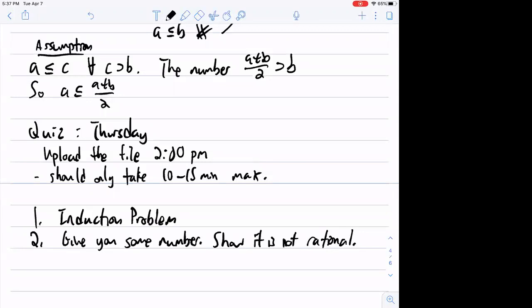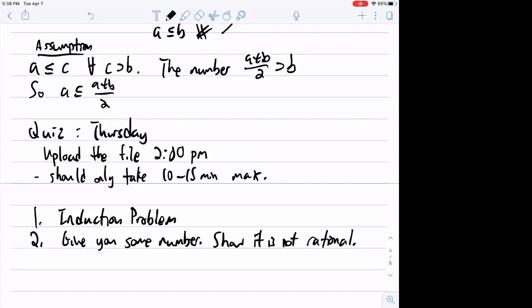What happens is there's an assignment tab, and at 2 p.m. you go to the files section, hit quizzes, and I'll upload the quiz questions there. Then you get a piece of paper, write down the solutions, scan it as a PDF, and upload it to the assignment tab on Canvas.